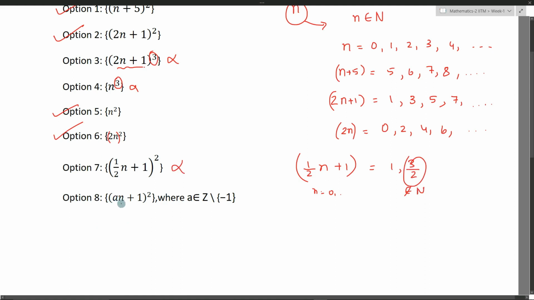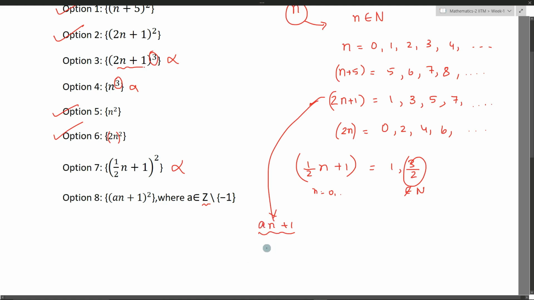So what about an plus 1 the whole square, where a belongs to z and not equal to minus 1. So let's say an plus 1. So this is similar to this one, right? What happens if I put any other number?